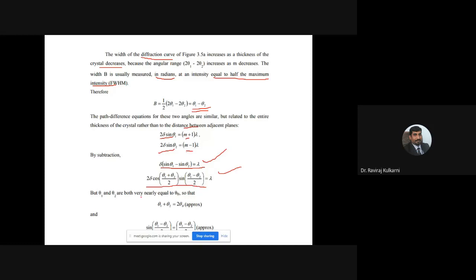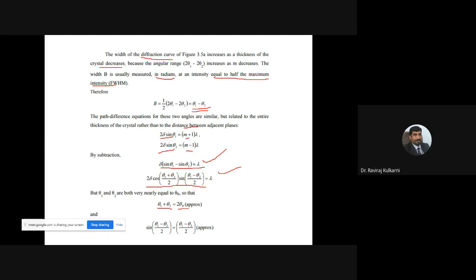So what I can do is simplify this equation. Theta 1 plus theta 2, I can take directly as 2 theta B. And what happens to sin((theta 1 minus theta 2) by 2)? It is approximately (theta 1 minus theta 2) by 2.